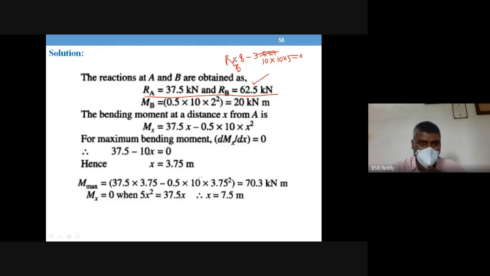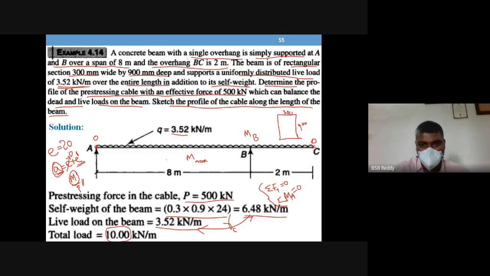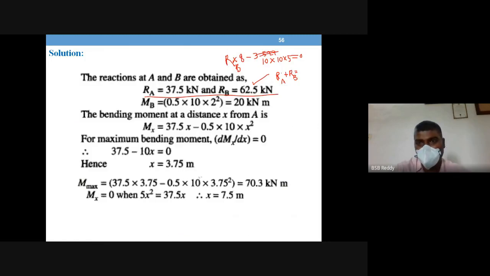To get the RA value, RB is 62.5. So RA plus RB is the total load. 10 is the total dead load plus live load and 10 is the span, so the total load is coming around 100 kilonewtons.